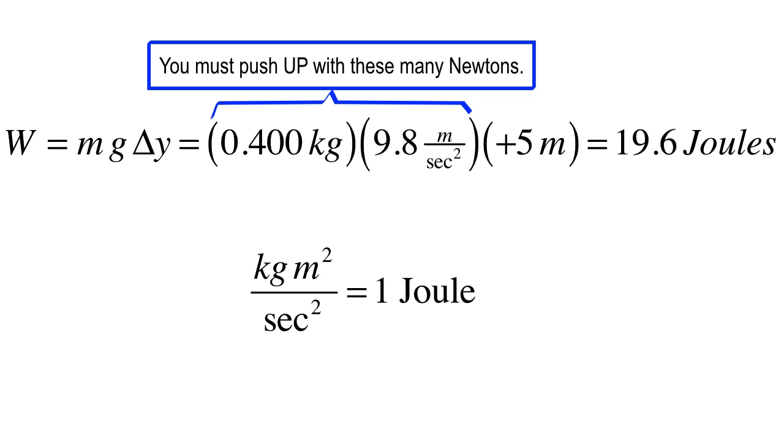And then as soon as you get up there, you stop. You put it on the limb or whatever. And that works out to 19.6 joules. 19.6 kilogram meters squared per second squared. 19.6 Newton meters.